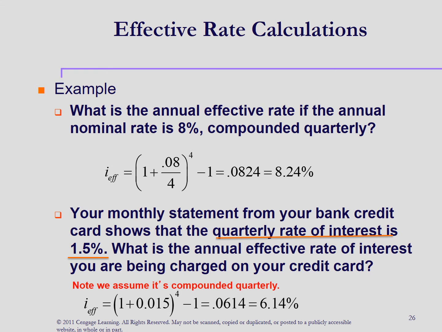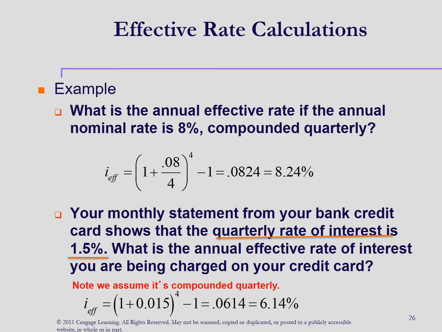Your monthly statement from your bank credit card shows that the quarterly rate of interest is 1.5%. What is the annual effective rate of interest you are being charged on your credit card? We can apply the formula to obtain the answer. When applying the formula, the number of compounding intervals per year is 4.